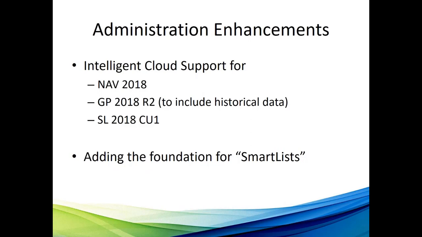And the other thing that they're working on is foundations for the smart lists. It is not going to be fully released with a designer until October of 2019. So that's something just to kind of look forward to. But GP has a concept of smart lists, which really is a dynamic way to create your own page views of data and queries and linking things.